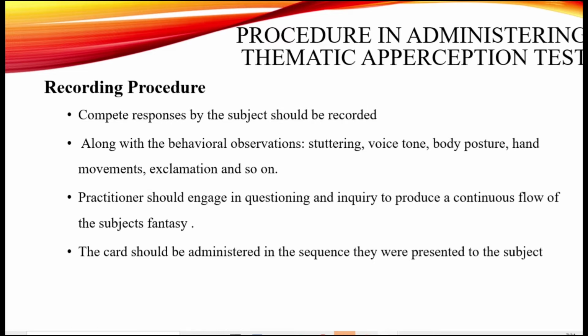The examiner should not just present pictures to their clients or examinees. They should also engage in questioning and inquiry to produce a continuous flow of their fantasy. The cards should be administered in the sequence in which they are presented to the subject. The cards have a number sequence, and the examiner should always present them to the examinee in sequence and not scramble the sequence numbers.